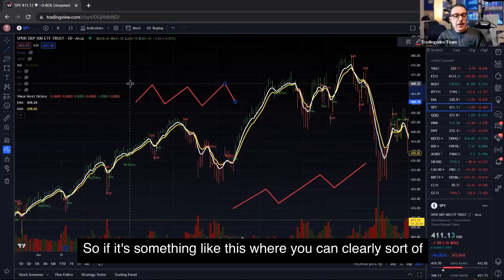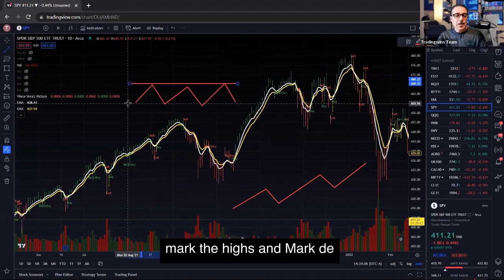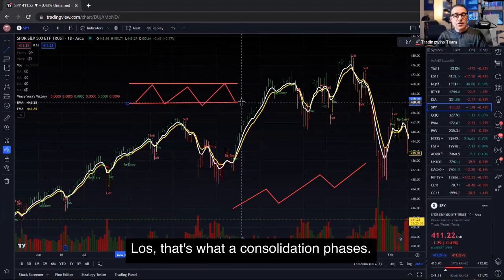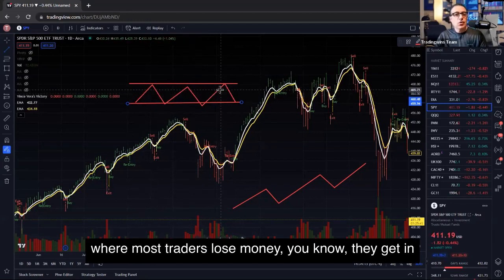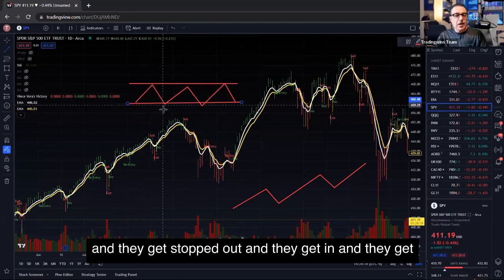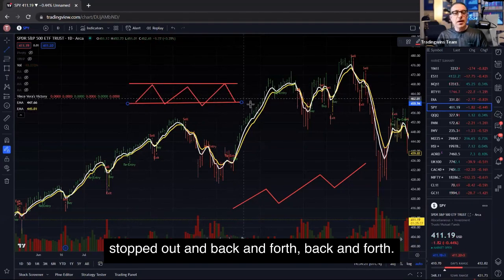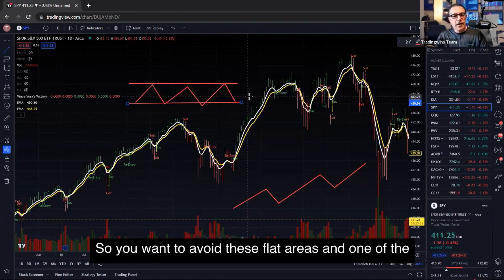So if it's something like this where you can clearly sort of mark the highs and mark the lows, that's what a consolidation phase is. So to avoid getting caught up in that, because this is where most traders lose money. They get in and they get stopped out, and they get in and they get stopped out, and back and forth, back and forth. So you want to avoid these flat areas.